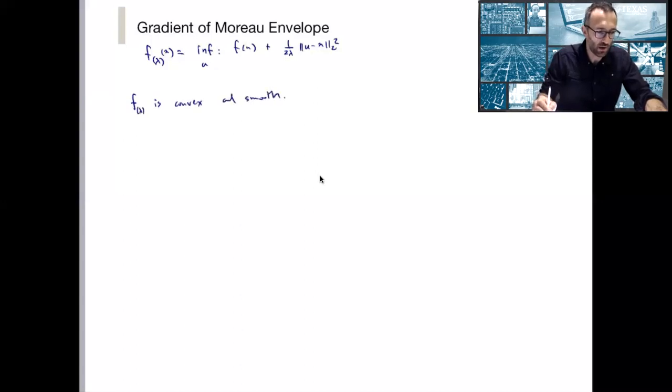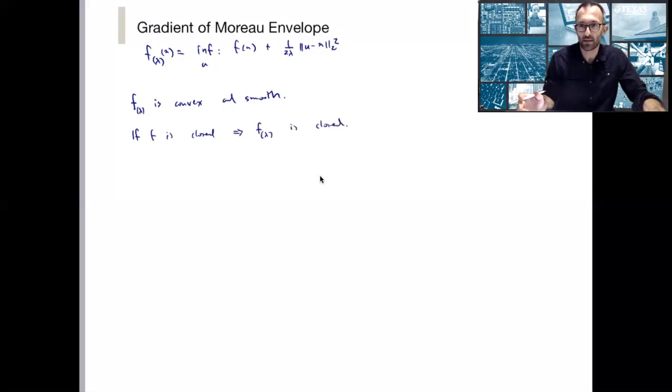And furthermore, you can check that if f is closed, then f lambda is closed. And in particular, that means that the dual of the dual is itself. So this means that f lambda is now closed and convex.